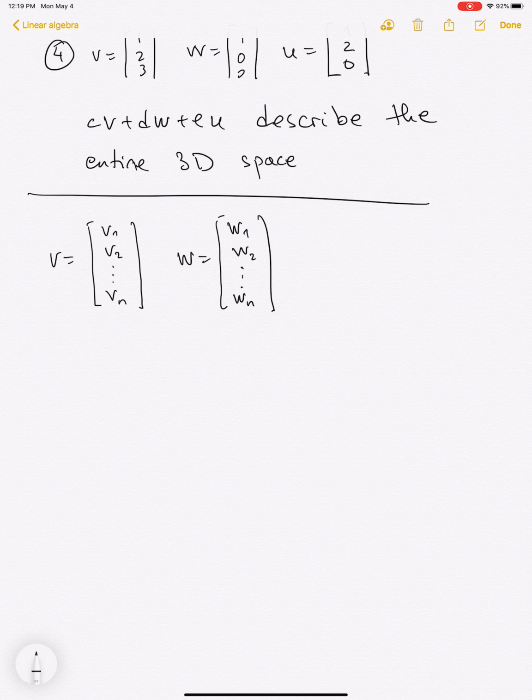You can look at their linear combinations, CV plus DW, and they will be component-wise CV1 plus DW1, CV2 plus DW2, all the way to CVn plus DWn.